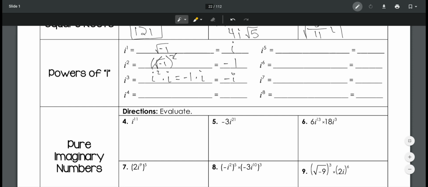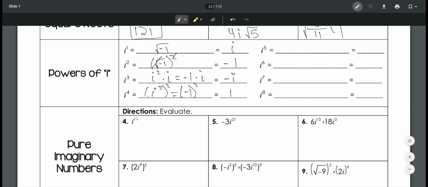In the next example, i to the fourth, I have i squared twice, which means I have -1 twice, which gives me 1. Now notice that there is a pattern. With the odd powers, 1 and 3, my answers are i or -i, and with the 2 and the 4, I get either a 1 or a -1.